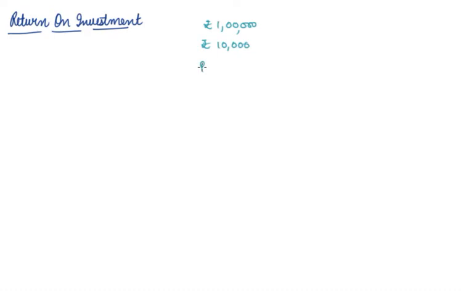So if I calculate, then your ROI, that is rate of return, would be whatever you have earned over your capital employed into 100. So it gives you 10%. So your return on investment is 10%. This is very simple, how to calculate the return on investment.